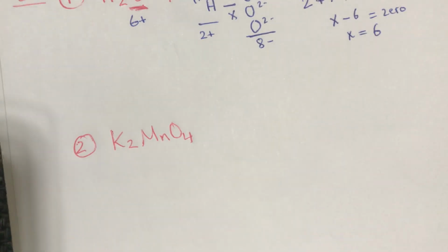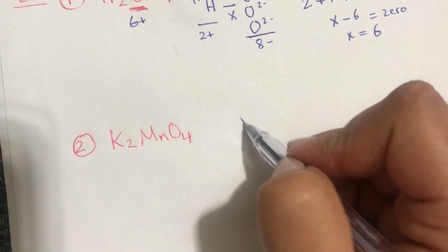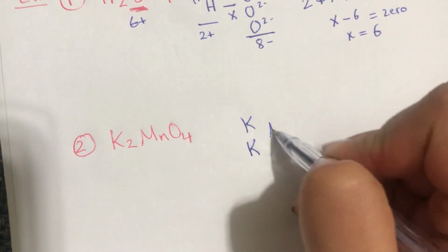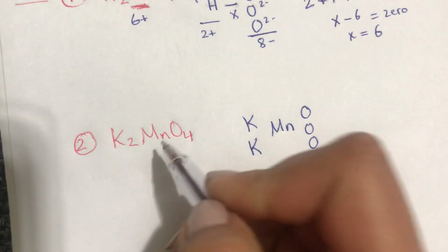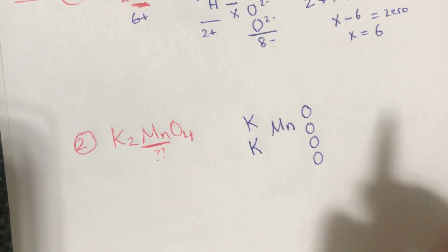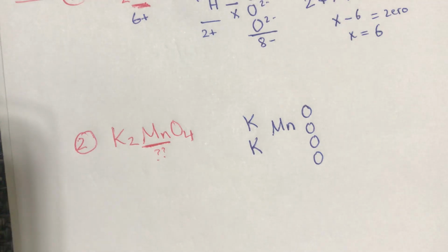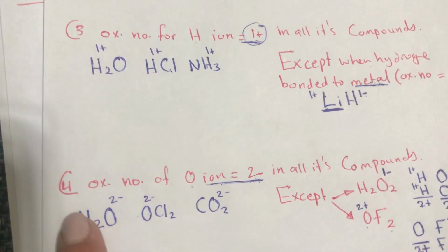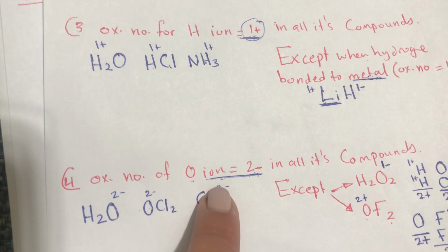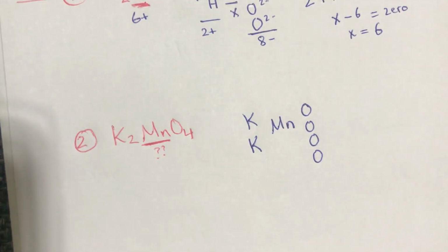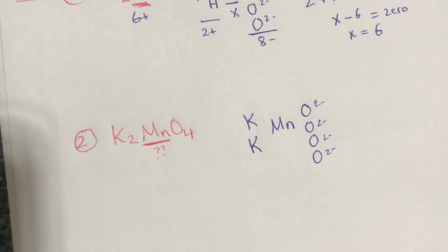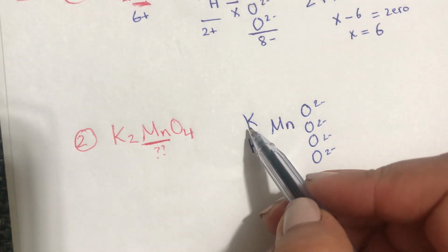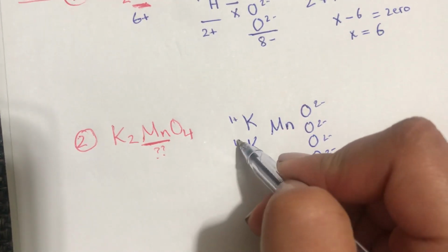Example 2, K2MnO4. So in this compound, you have 2 potassium atoms, 1 manganese, and 4 oxygen atoms. So what is the oxidation number of manganese? According to rule number 4, the oxidation number of oxygen equals -2. And potassium is in group 1 in the periodic table, so positive 1.